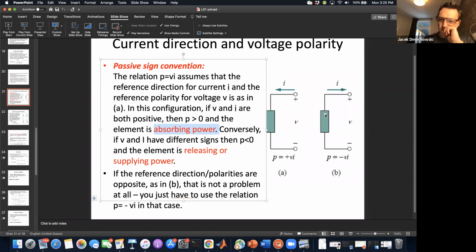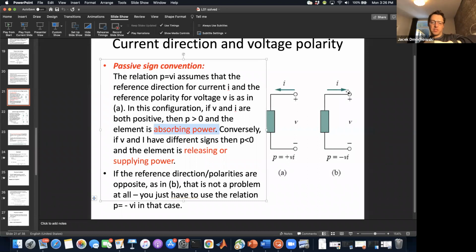On the other hand, in panel B, the positive charge is exiting the positive pole. This pole here is the positive terminal, and this is the negative terminal. Here, the current is escaping the positive end. In other words, the product of the voltage and the current will be negative because the I here will have a different sign than the V. Therefore, we say that this element is supplying power.